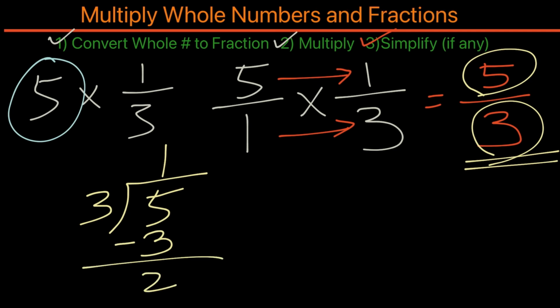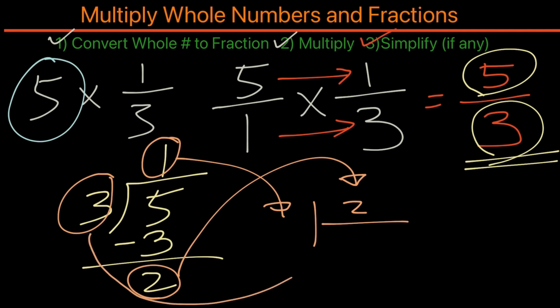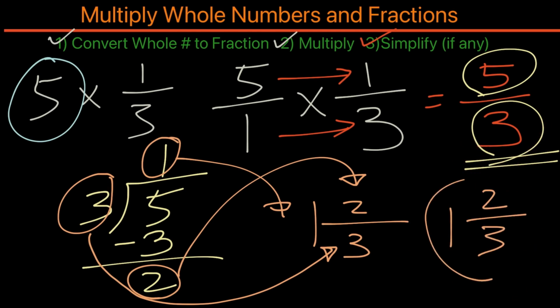And from here, you can see 1 is the whole number. 2, the remainder will become the numerator here. And the divisor would be the denominator here. So answer is 1 and 2/3.